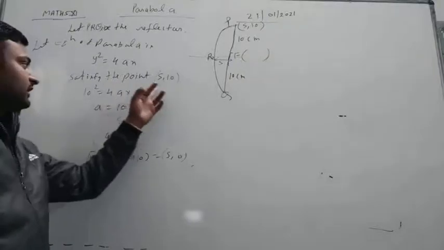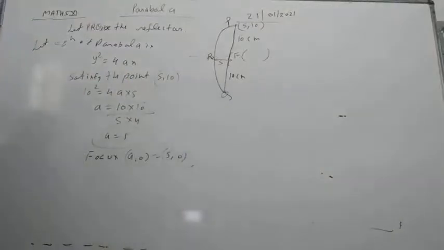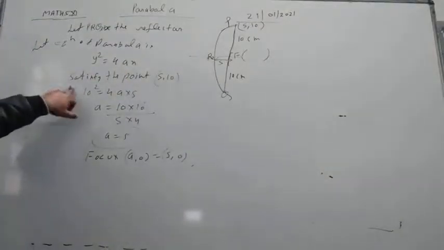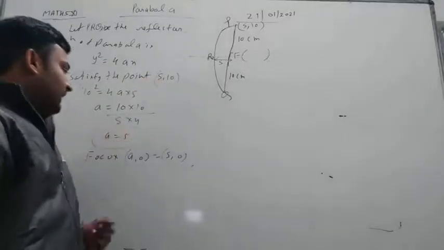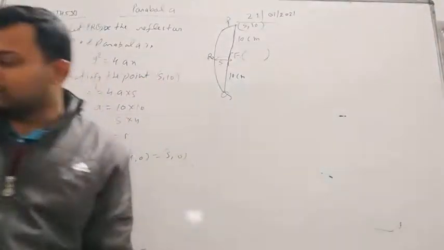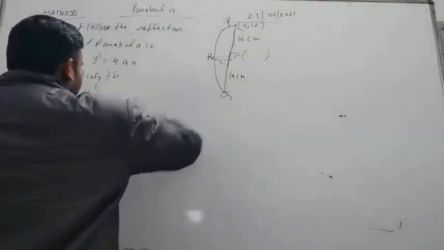If the point (5, 10) satisfies the equation, we get a is 5. So our focus is (a, 0), that is (5, 0). I hope you understand, students.